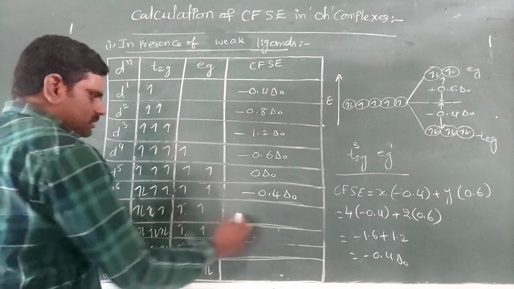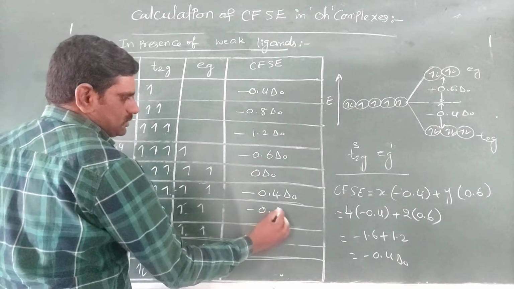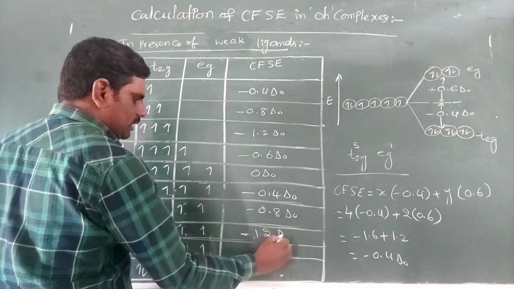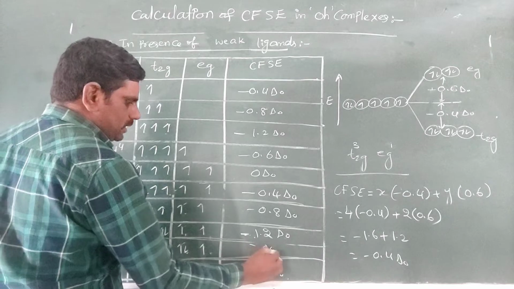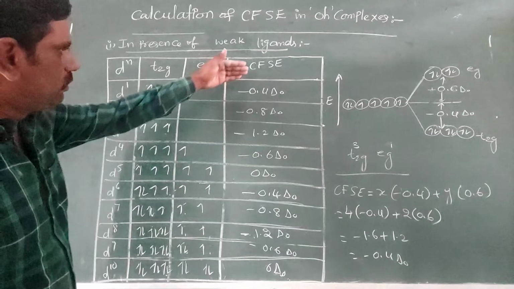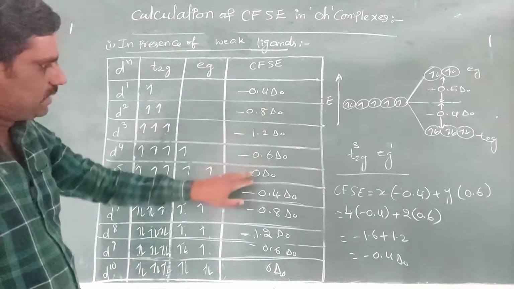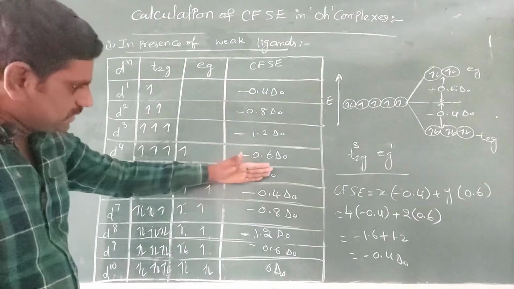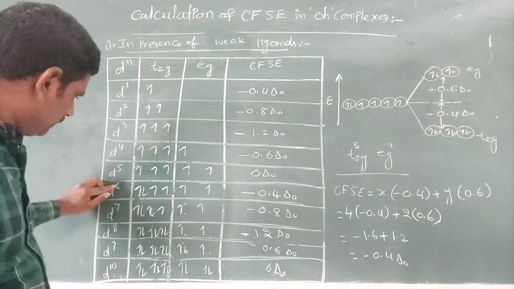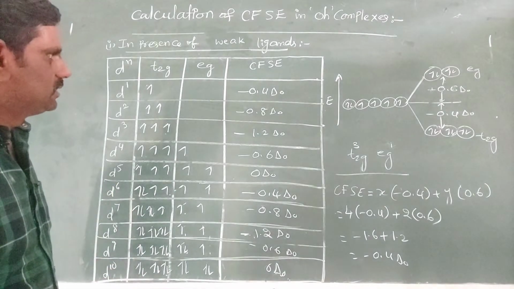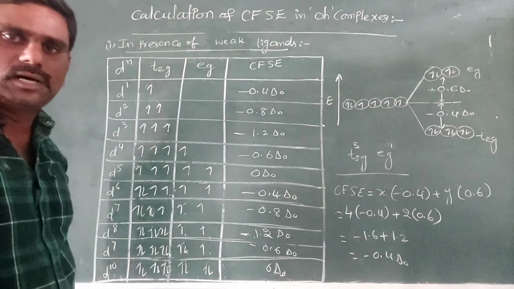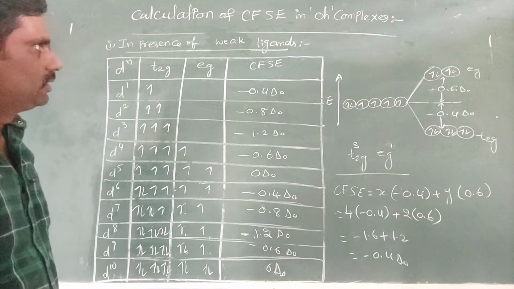Here minus 0.8, same repeat. Minus 1.2 delta naught, minus 0.6 delta naught and 0 delta naught. So you have to verify. So these are the CFSE values up to d5. In the same way, calculate d6 to d10 configurations. So this is the CFSE calculation in presence of a weak ligand in octahedral complexes.